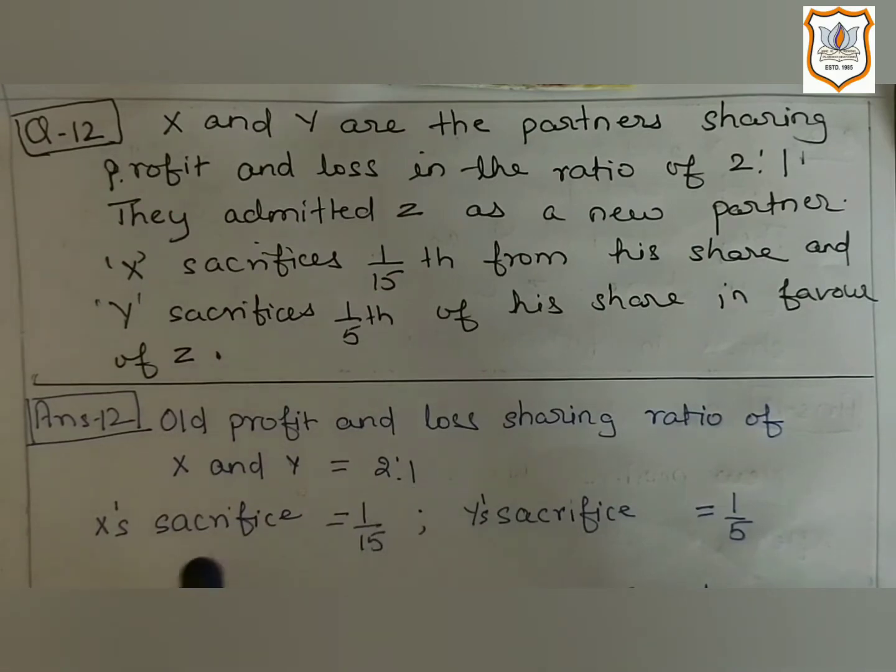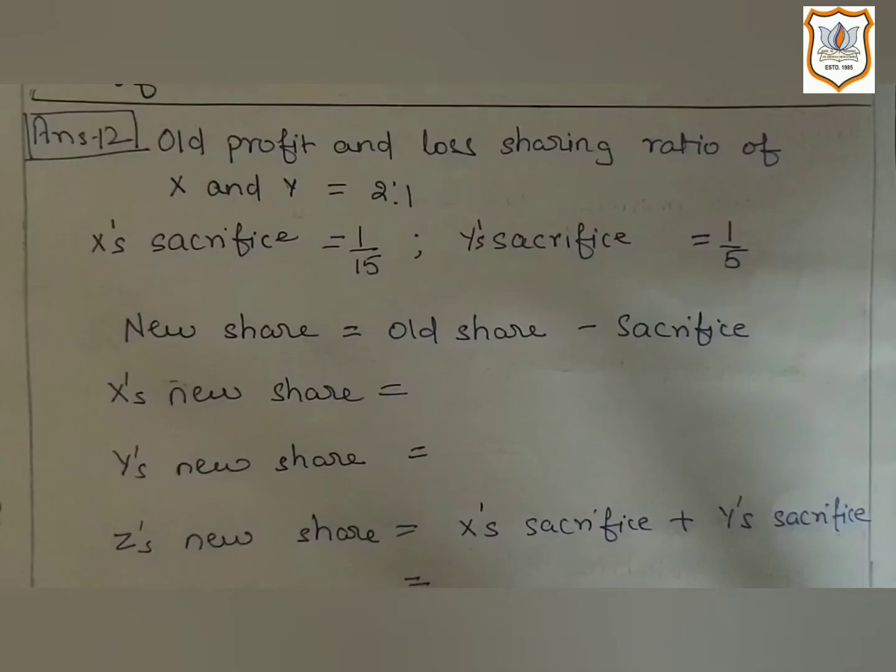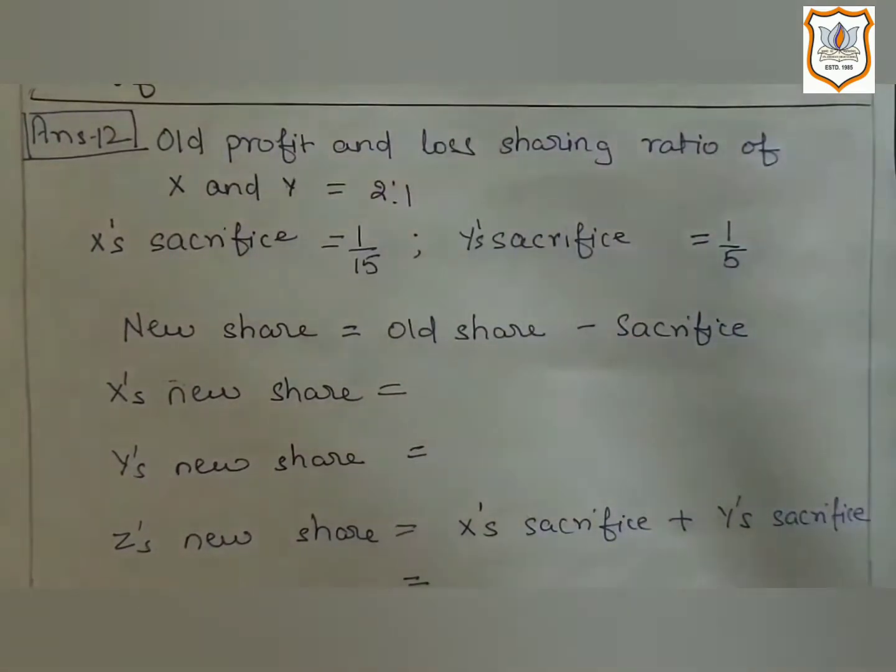Then X sacrifice, that is 1 by 15th, and Y sacrifice, that is 1 by 5. Now as here we have information regarding X sacrifice and Y sacrifice, so here we can now find out new share of X and Y.